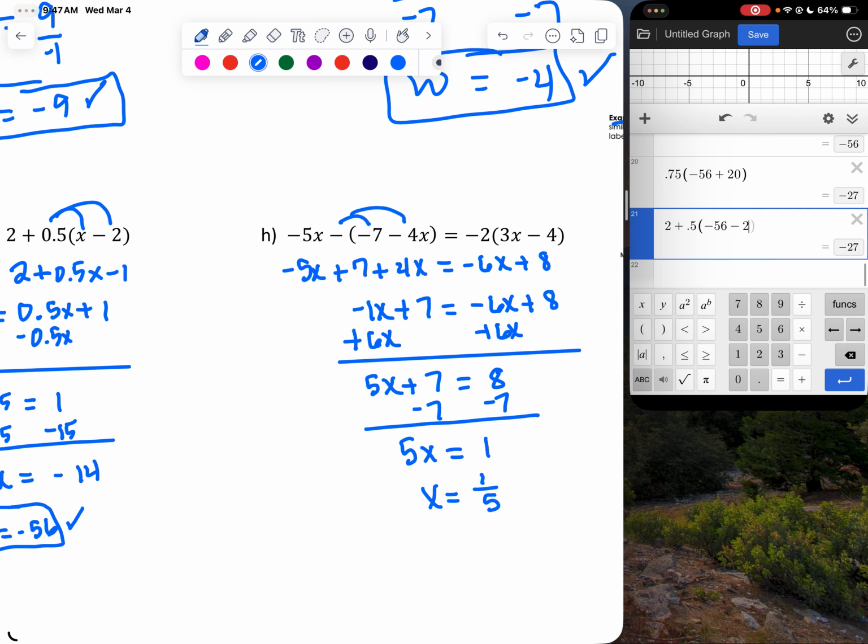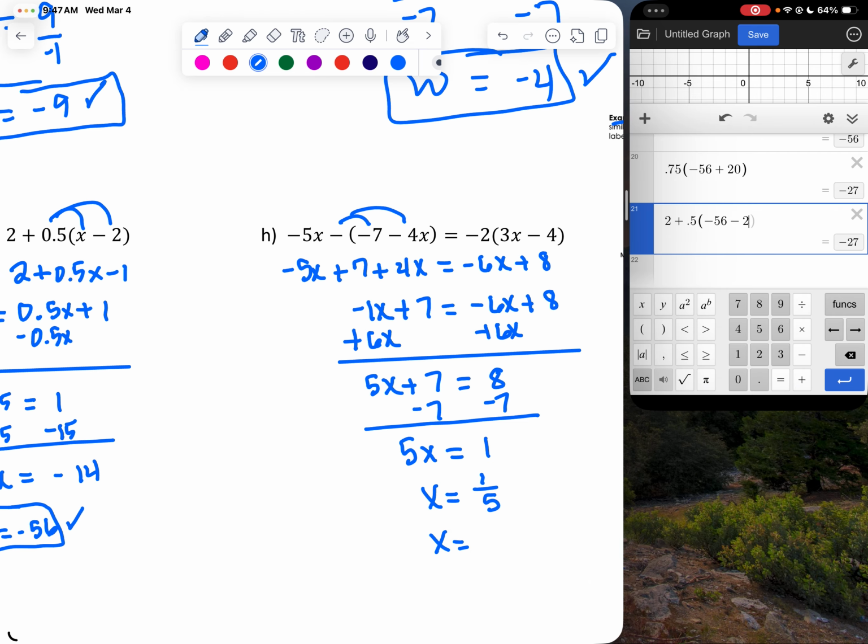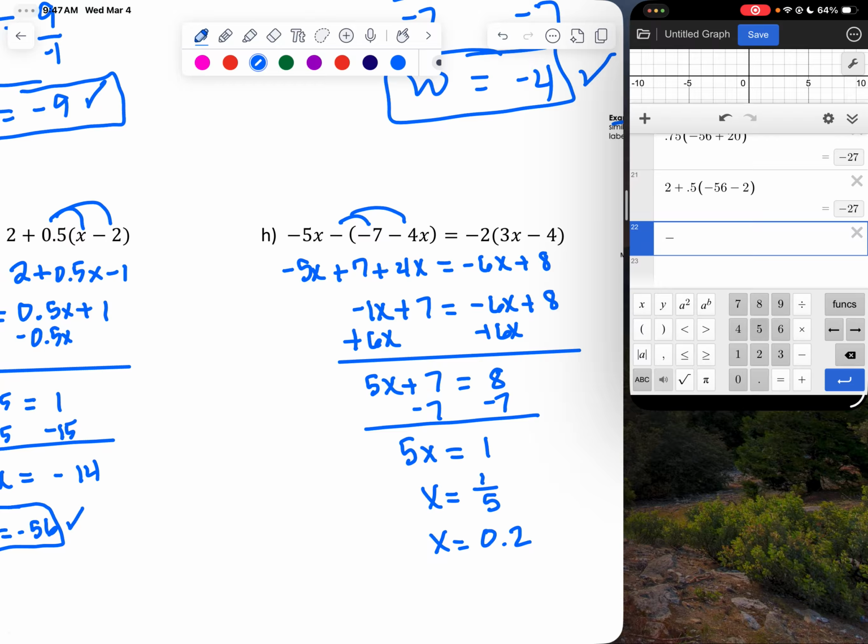Now, when I check this problem, I'm going to use the decimal equivalent because it's easier to put it in the calculator as a decimal than it is as a fraction. So I'm going to take negative 5 times 0.2 minus parenthesis negative 7 minus 4 times 0.2, close.